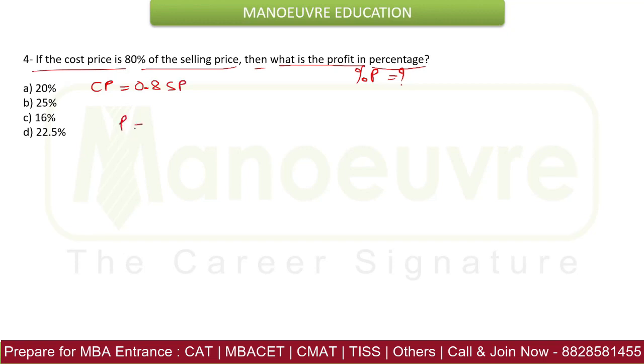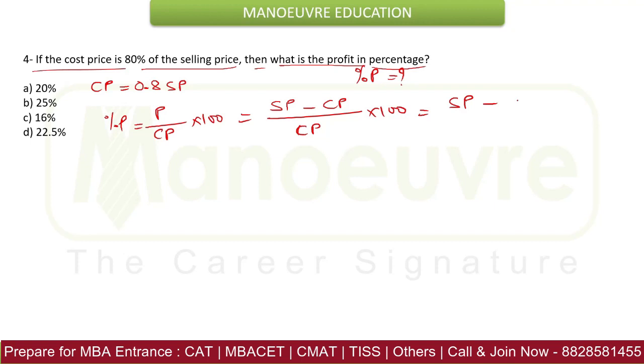Now profit percentage is given as profit upon CP into 100. That means that will be SP minus CP upon CP into 100.